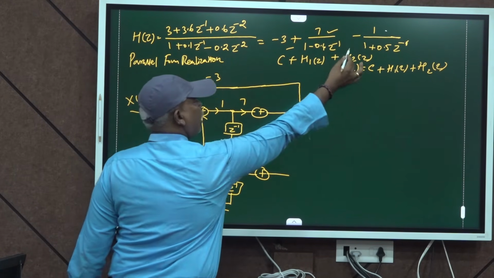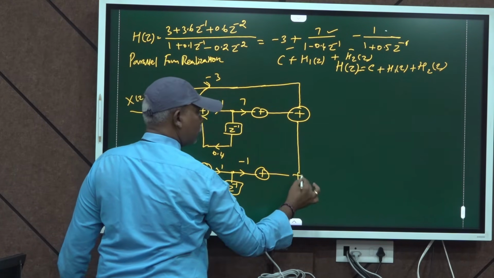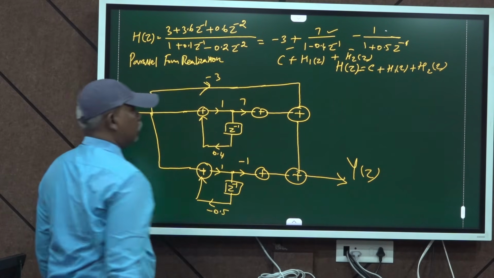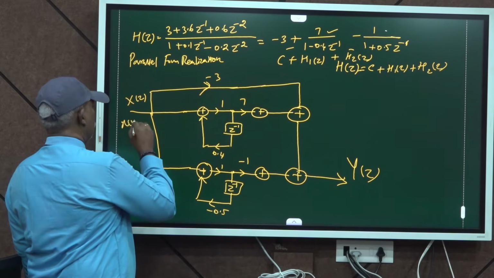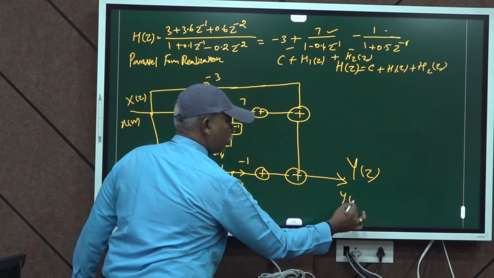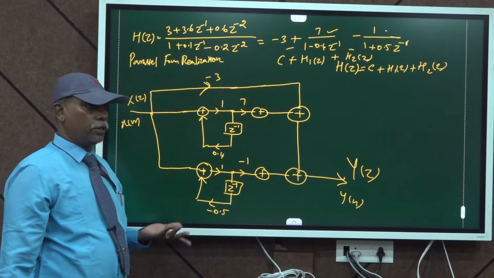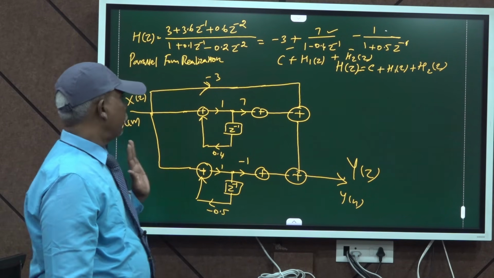Finally you put these outputs together, and this is called my Y of z. You may either put Y of z, X of z, or Y of n, X of n. Both should be the same.